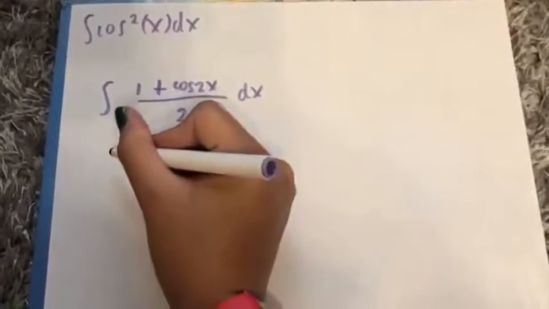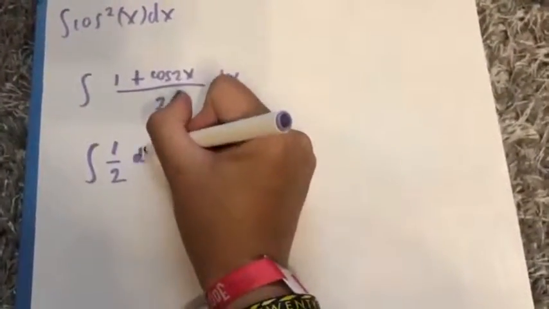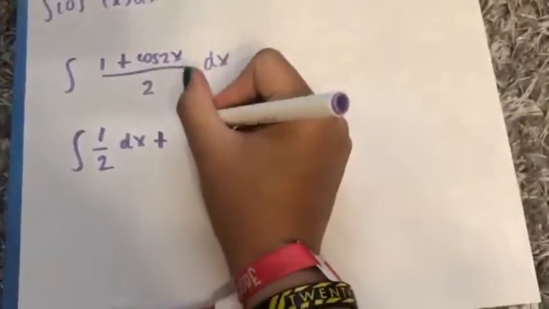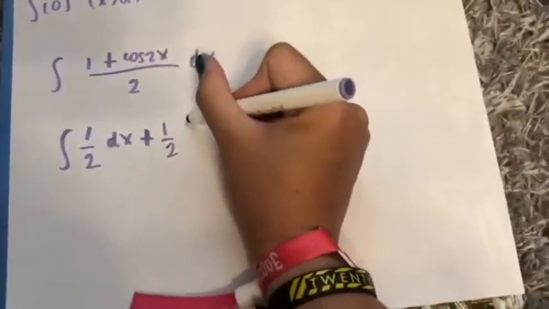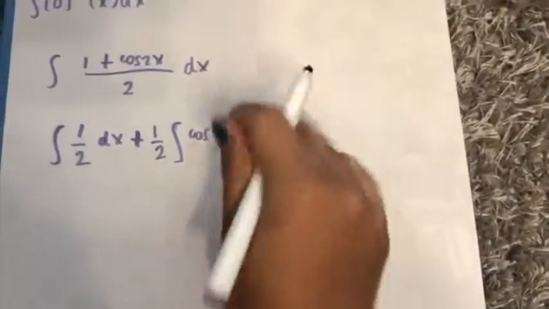So just like we did before, we're going to have to separate this into the integral of 1/2 dx plus, this time, 1/2, which we're taking out of the integral of cosine 2x dx.